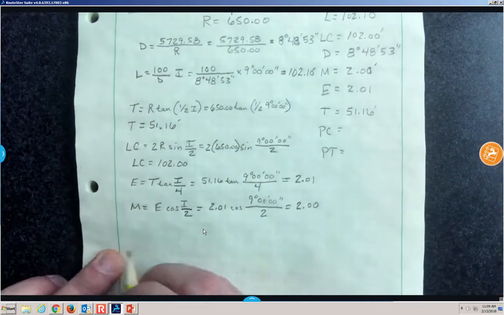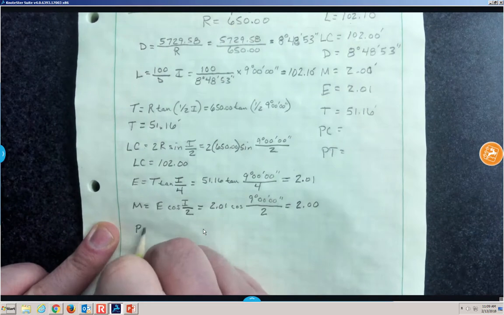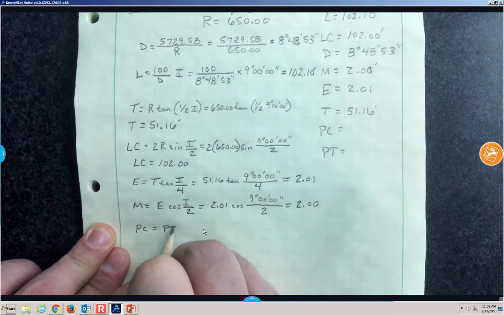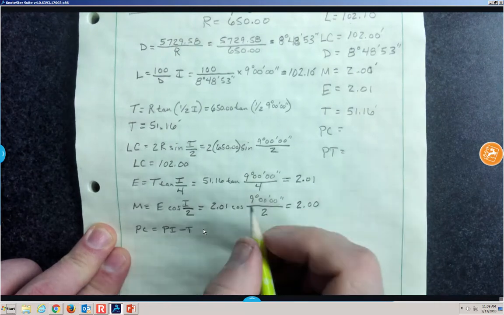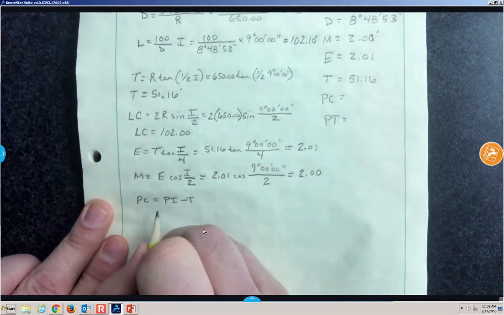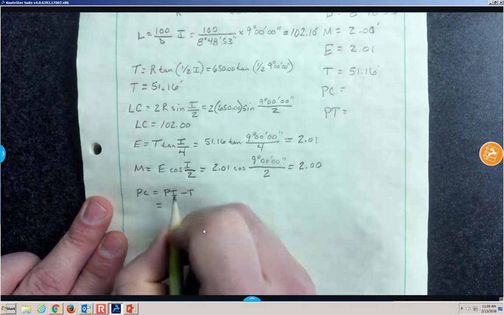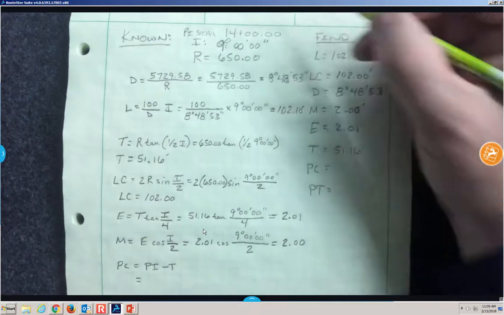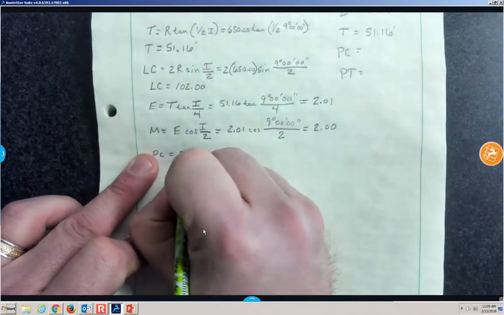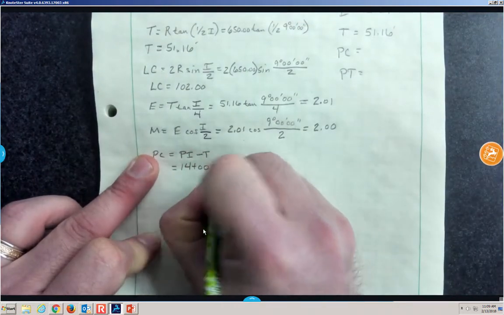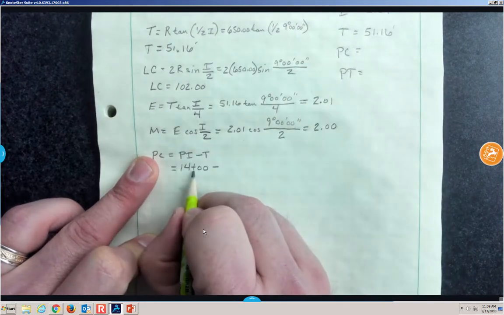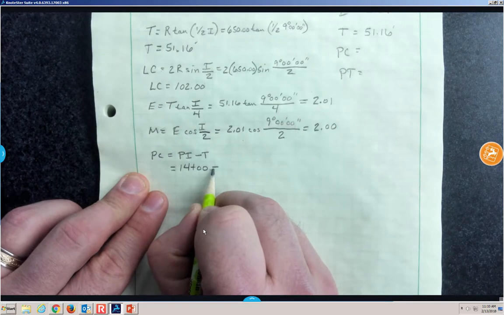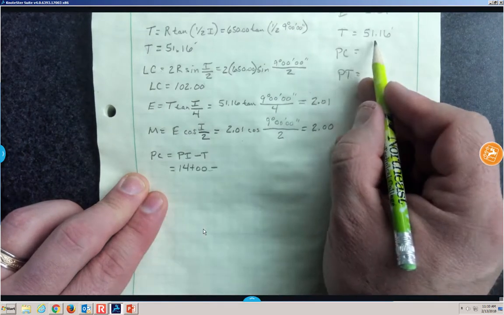So the PC, we know, is equal to the PI minus T. Okay, so the PI, which was given to us, is 14 plus 00. 14 plus 00 minus, don't confuse that plus with something that you have to do in the problem. 14 plus 00 minus T. T was 51.16.